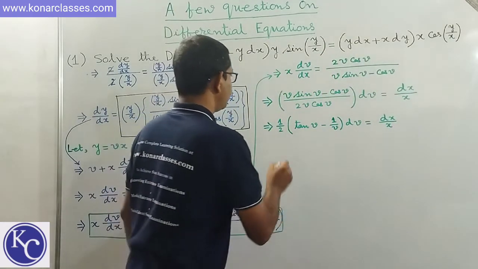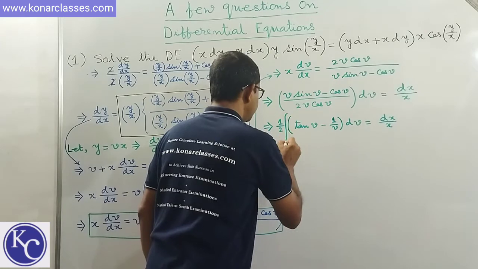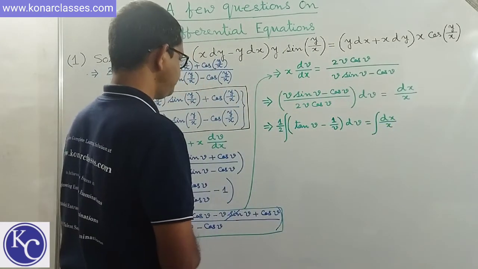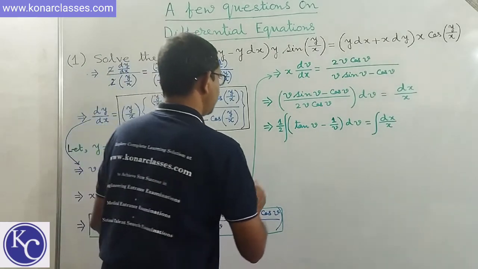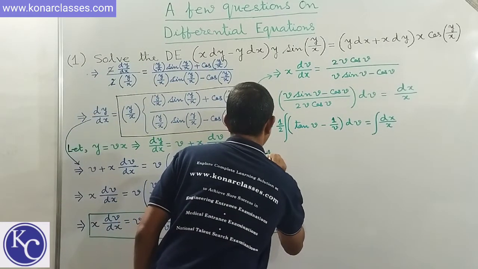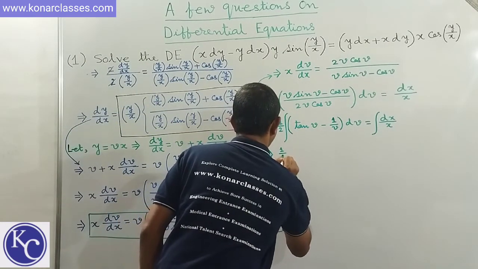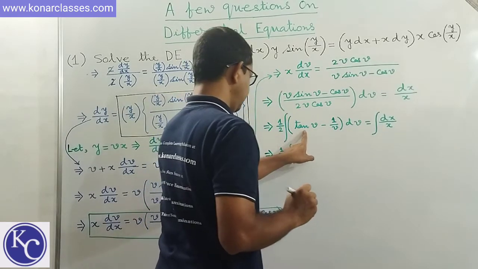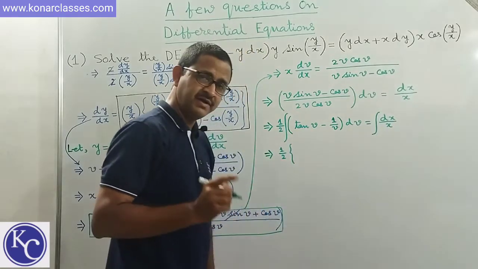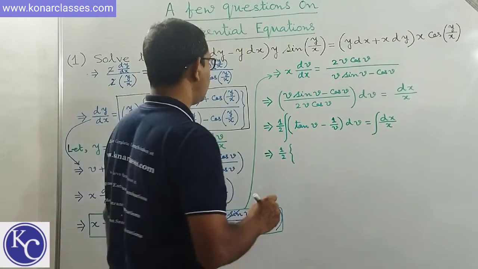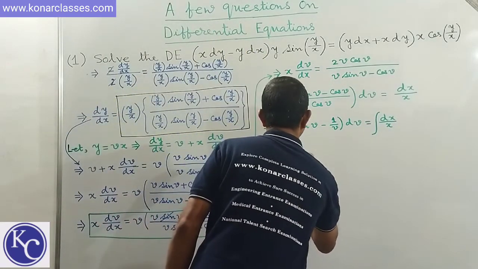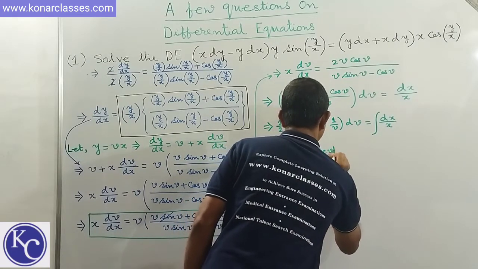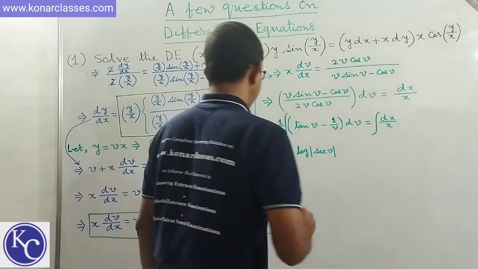After that, dear students, we take the integration of both the sides, correct? Now what are we going to get? In the left hand side we get 1 by 2 into integration of tan v dv, that is log of mod sec v, from the formula, correct?